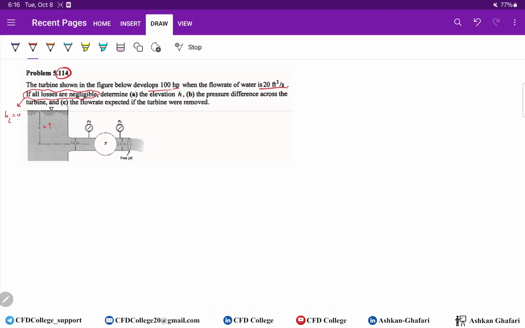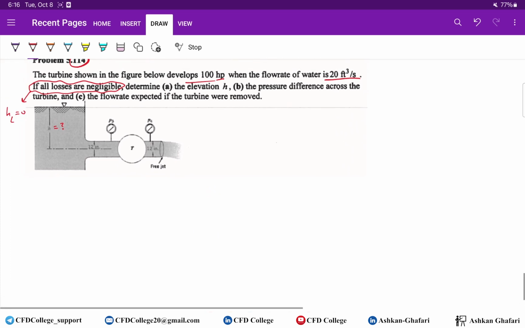Okay, now since we want to find the elevation first, this H, we should find the key points for this. We have one key point, the first point, because this is the flow direction and this is the start point. To find H, we should choose one of these points: point 3, point 4, or the outlet.